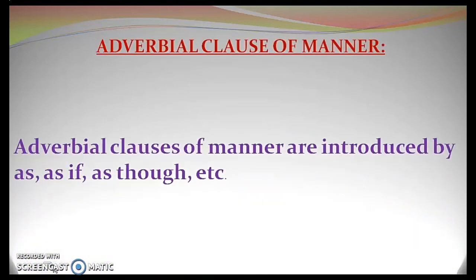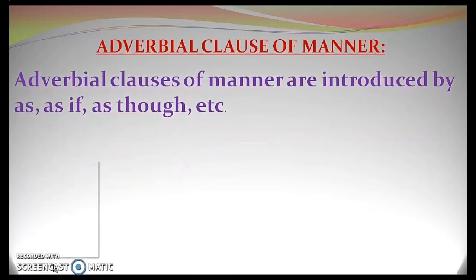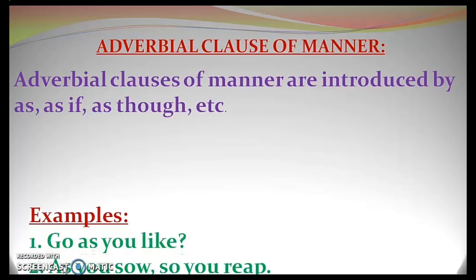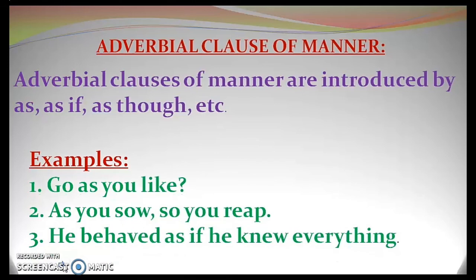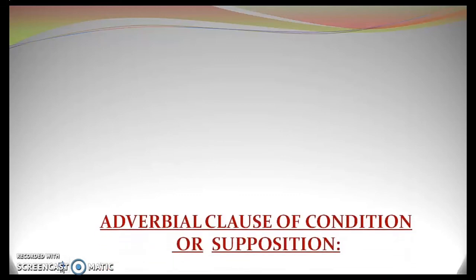Adverbial clause of manner. Adverbial clauses of manner are introduced by as if, as though, etc. Examples: Go as you like. As you sow, so you reap. He behaved as if he knew everything.